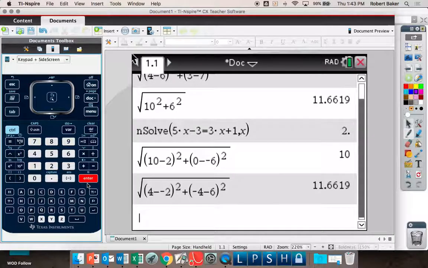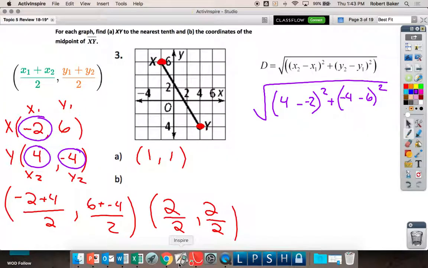And it says the distance is 11.66. So round it to the nearest tenth, which is 11.7. The answer to this question is 11.7.